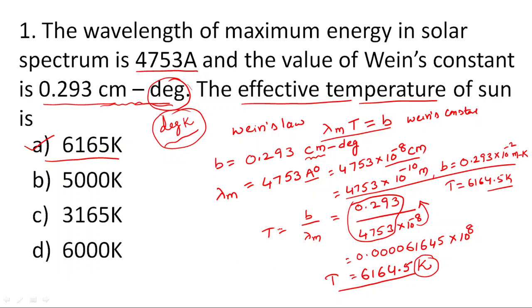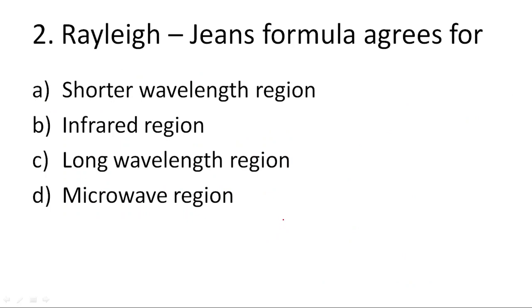Now let's go for the second question. The Rayleigh-Jeans formula agrees for the shorter wavelength region, infrared region, longer wavelength region, or microwave region. In the earlier video we discussed the Rayleigh-Jeans law. This Rayleigh-Jeans law always agrees with longer wavelengths.